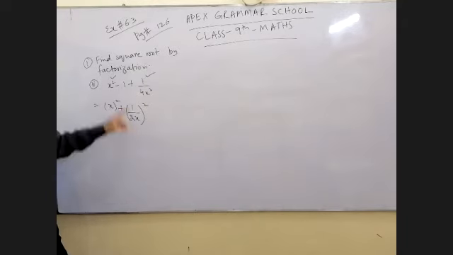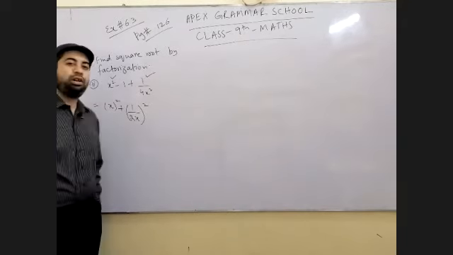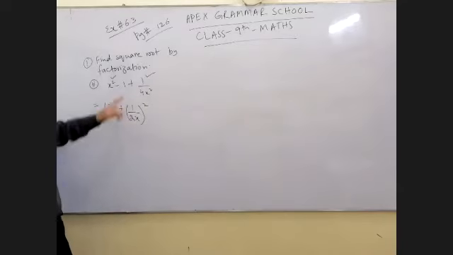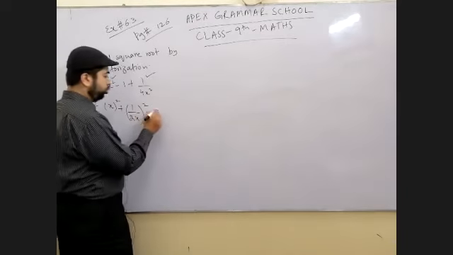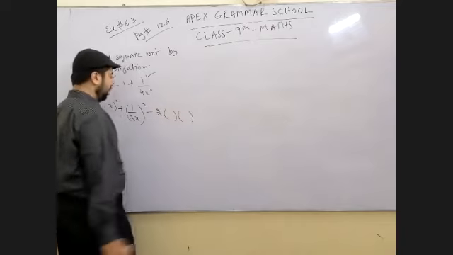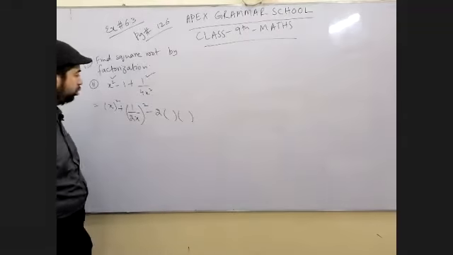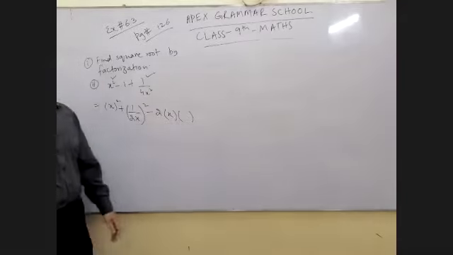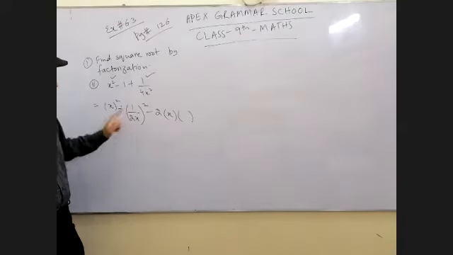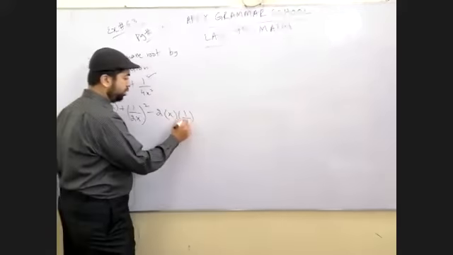After that this is minus 1. So we don't need to write minus 1 directly. We need to apply the situation of minus 2ab and verify that this is perfect here or not. Minus 2, the value of a here is beneath this square, that is x. And the value of b is beneath this square, that is 1 over 2x.